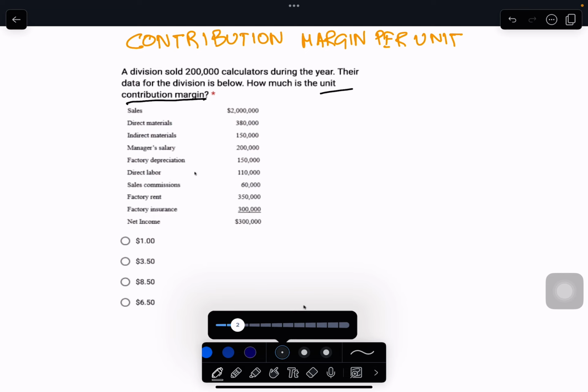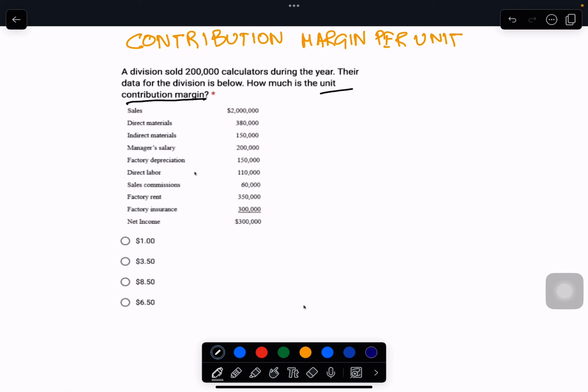Let me write the formula first. Contribution margin is equal to sales minus variable cost.